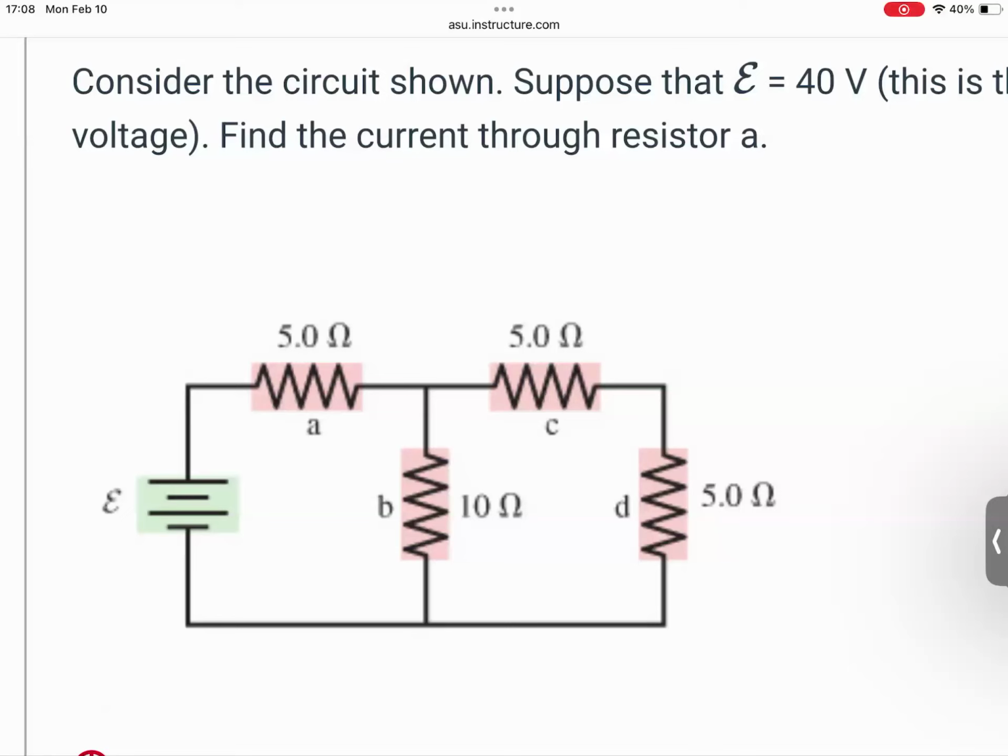It's not those two products divided by the sum. Hard tip, if you've got two equal resistances, it's half.